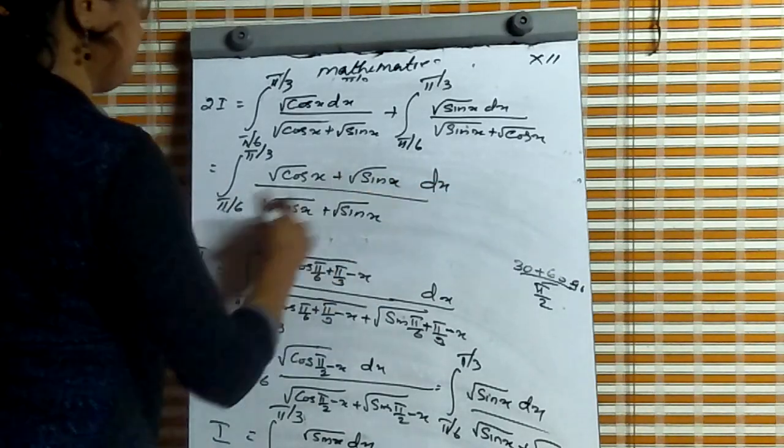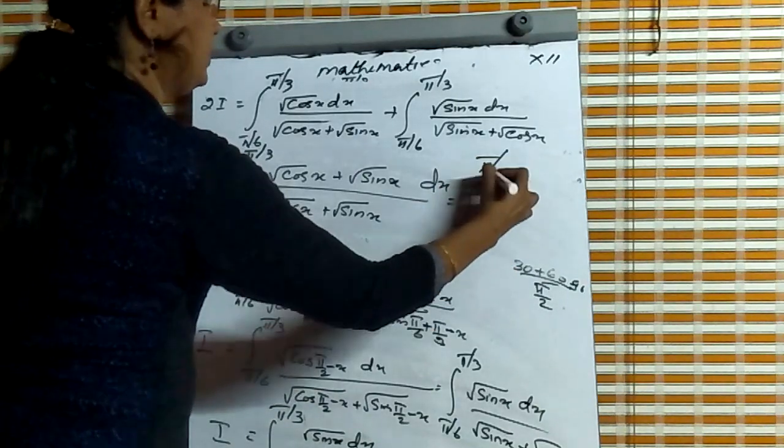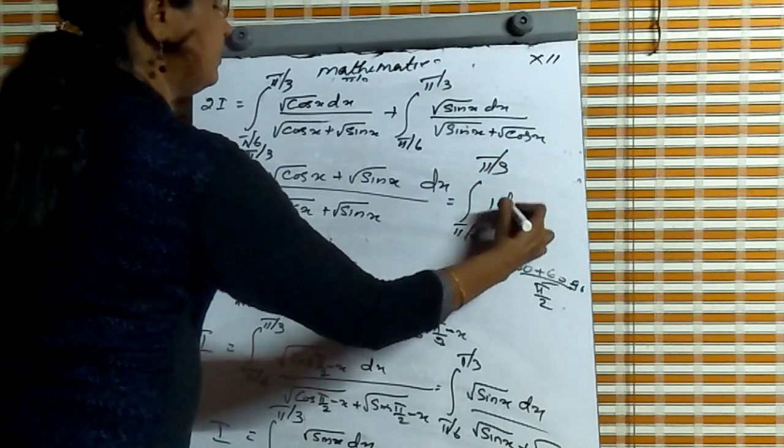These two are the same, so we cancel them: the integral from pi by 6 to pi by 3 of 1 dx.